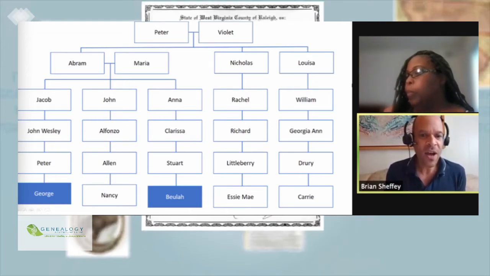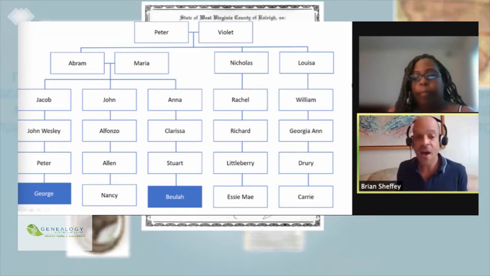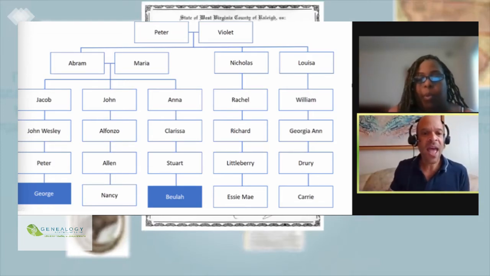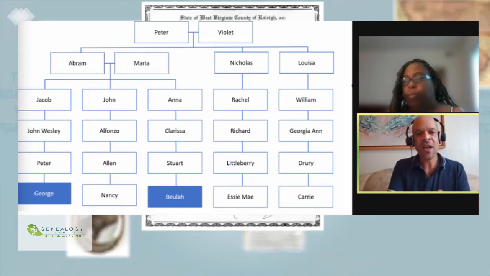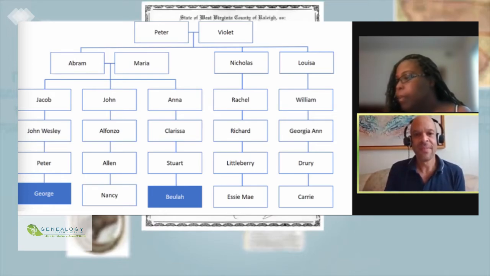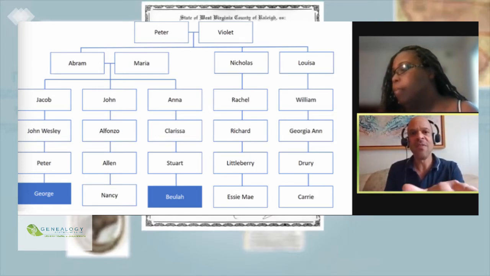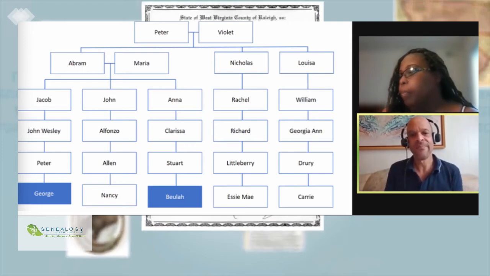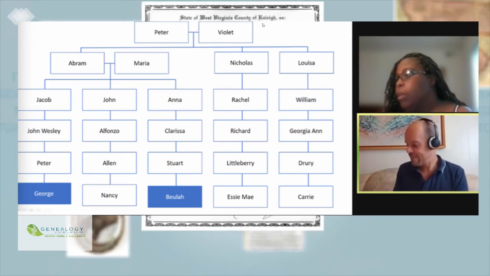We'd like you to figure out, and post it in the comments, what degree of cousin relationship George and Beulah are. What are they to each other? Remember, they are both descendants of Abram and Maria. So those are their common ancestors.